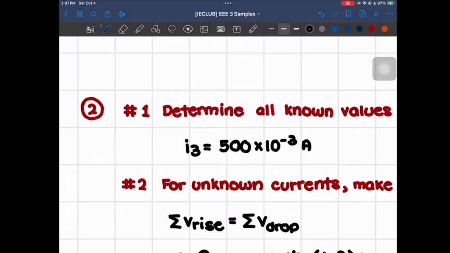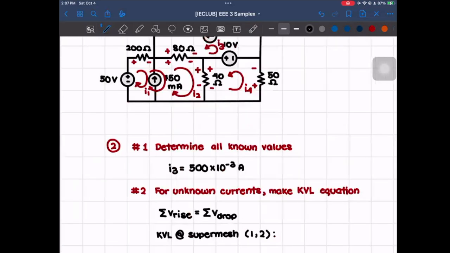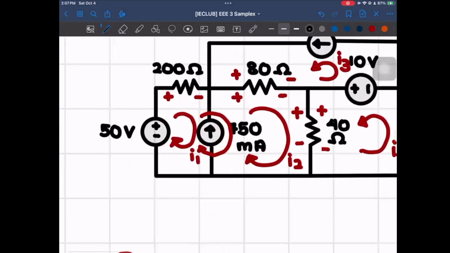And the next, similar to what we did for nodal analysis, for unknown currents, we then make a KVL equation. So for a KVL equation, for each of the meshes, what we can do is voltage rise, the summation of all voltage rise is equal to the summation of voltage drop. So with that, let's now look into first our super mesh, which is in between 1 and 2.